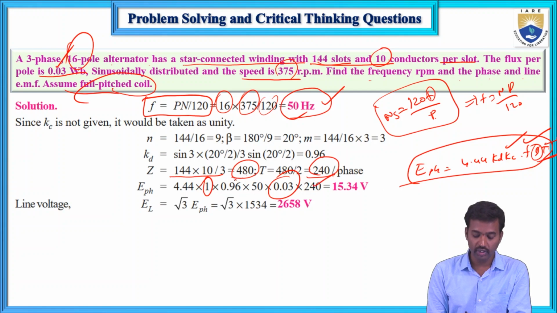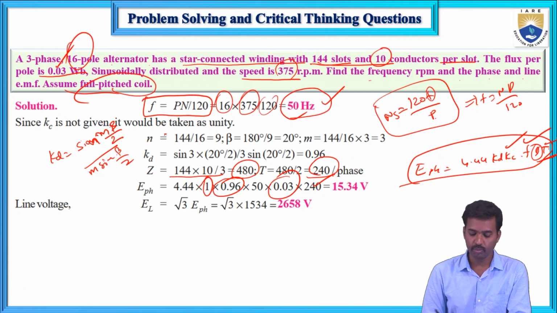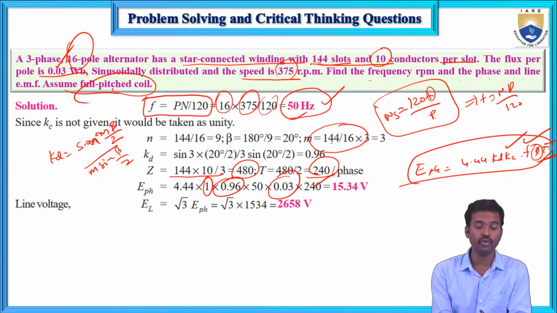Now what about KD? KD equals sine of m into beta divided by 2, over m into sine of beta by 2. So what about beta? Number of slots per pole per phase: the number of slots is 144 and the number of poles is 16, so slots per pole is 144 divided by 16, that means 9, and beta equals 180 by 9, that is 20.